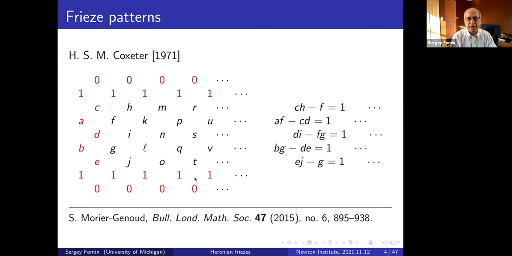These are the initial data, and then you propagate to the right using the condition that in each diamond like this, the determinant of this 2 by 2 matrix is equal to 1. There is a vast literature on this, and a great survey by Sophie I recommend to everybody. These are the usual Coxeter-Conway Frieze patterns.